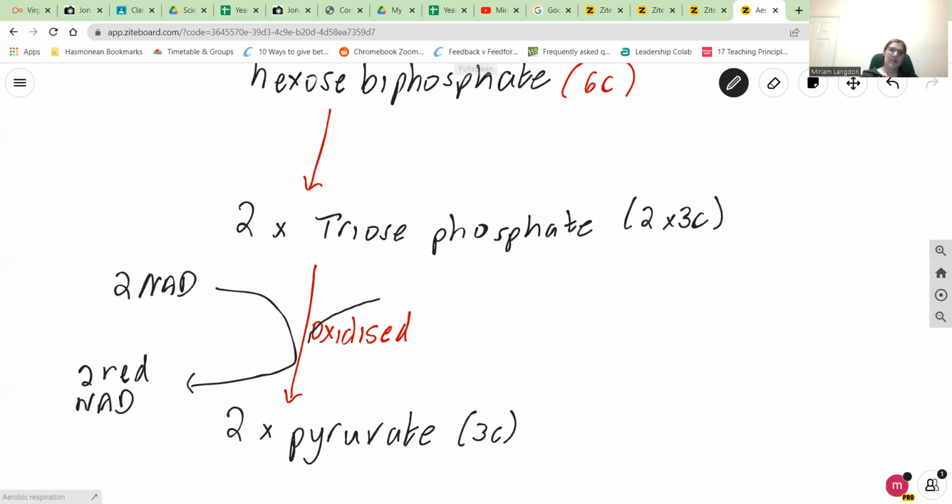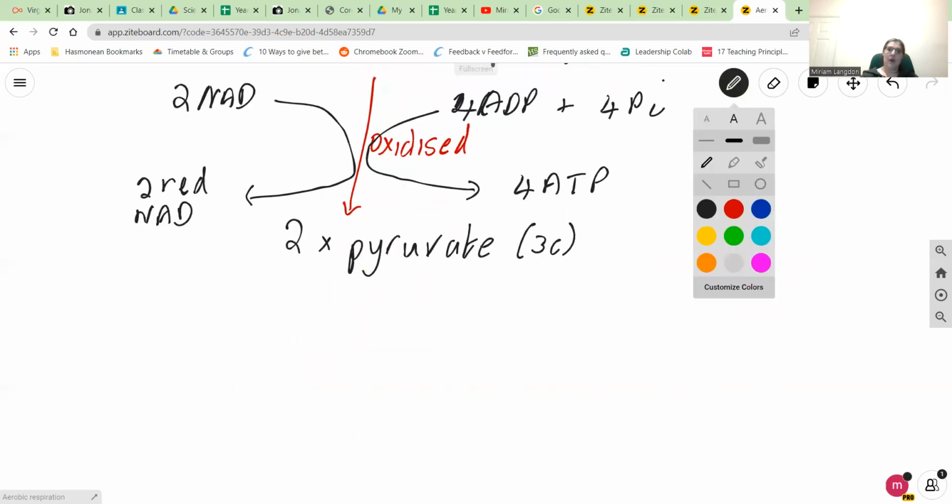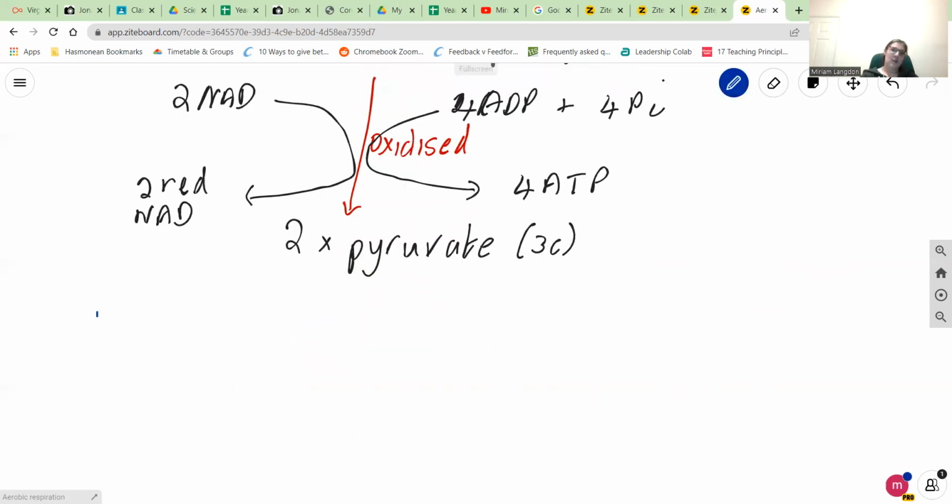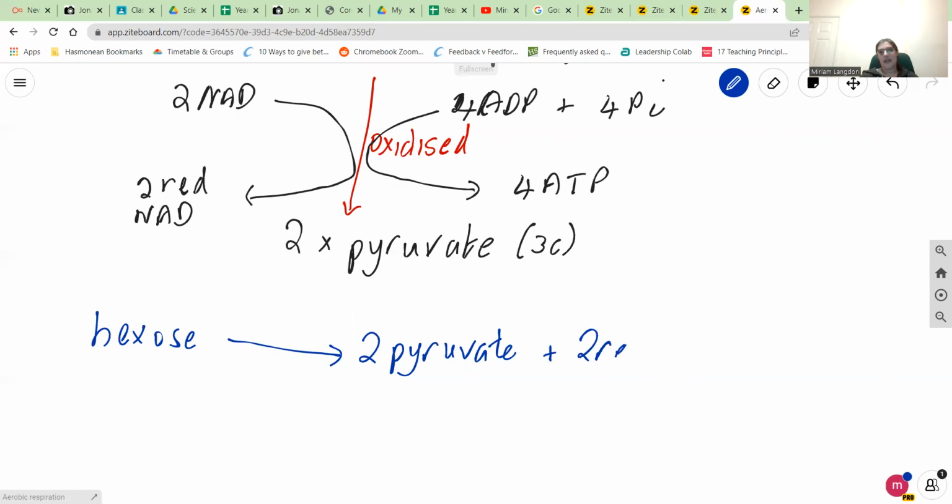Also in the process, you release energy, and that energy will be used to join 4 ADPs and Pis to make 4 ATPs. So if we have a look overall, in the overall process, we started off with our hexose sugar. And by the end of glycolysis, we've made 2 pyruvates. We've made 2 reduced NADs.